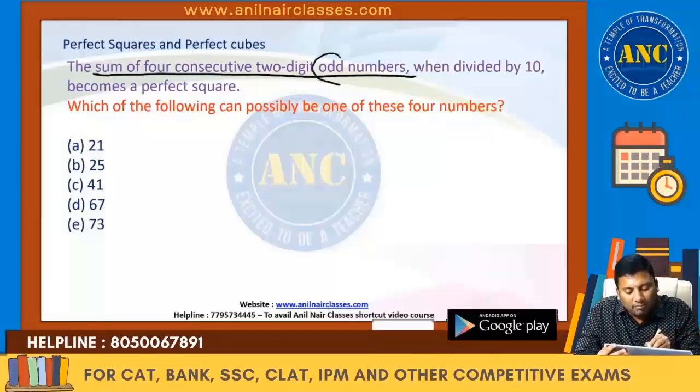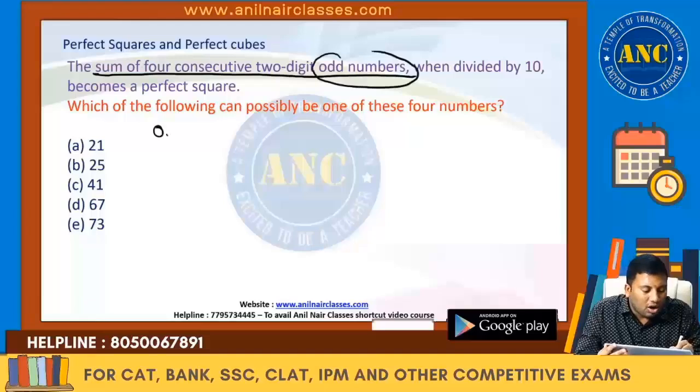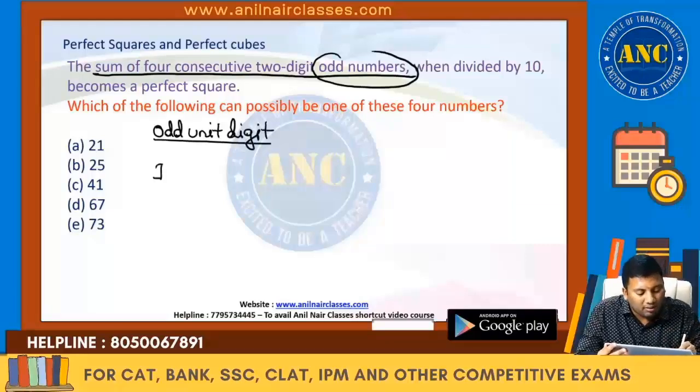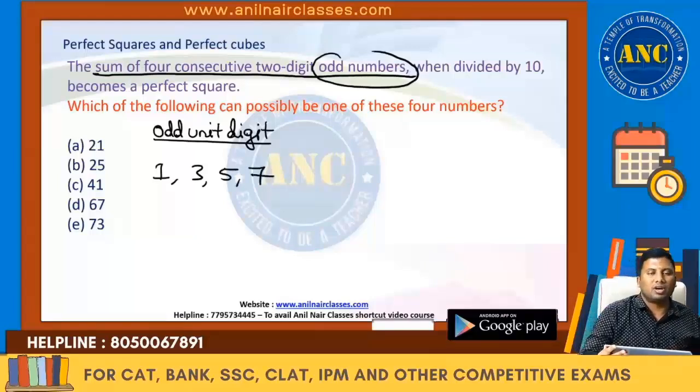2-digit odd numbers. Odd numbers will have an odd unit digit. What are the unit digits possible for an odd number? 1, 3, 5, 7. Yes or no? 31, 33, 35, 37.